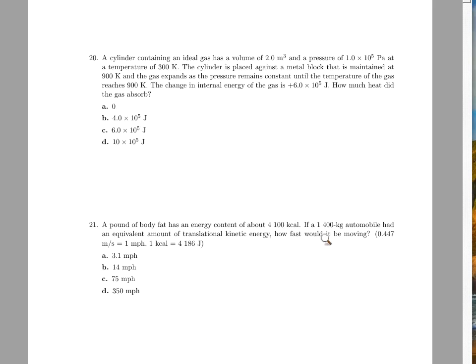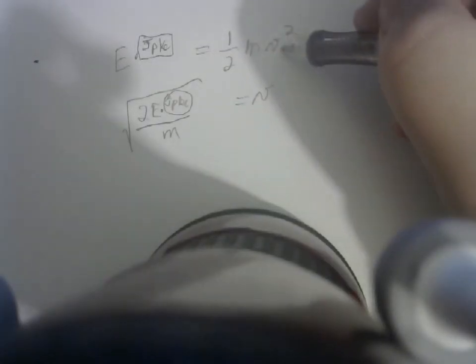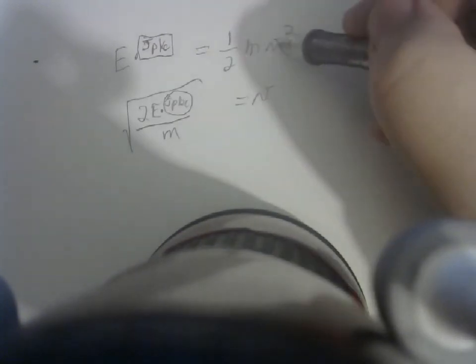And then we got this 1,400 kilogram automobile. And we're going to use that in a kinetic energy statement and solve for V. What do we say, 1,400? Yeah, so 1,400 kilograms is going to go on the bottom here.